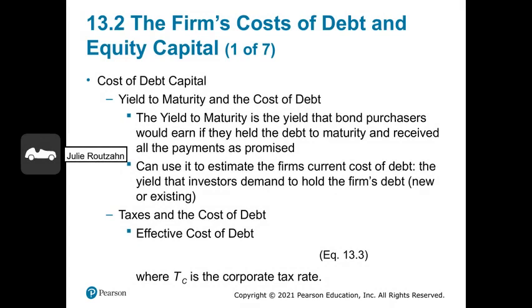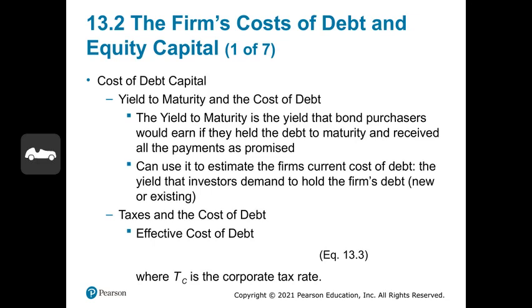Now we will look at calculating the individual cost of the debt and the cost of the equity. So for debt, remember, debt's different than equity because you have to pay it back, and that interest that you have to pay is tax deductible. So it reduces your tax liability. So this is one formula where taxes will be important, and the tax rate is going to be given to you so that you can take that into account.